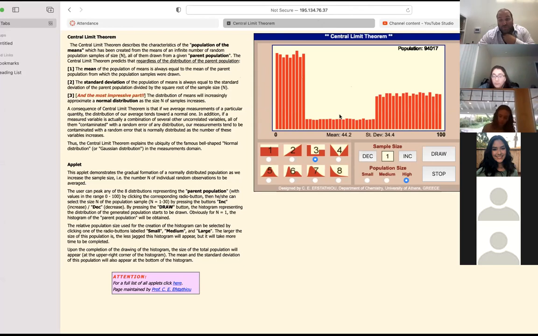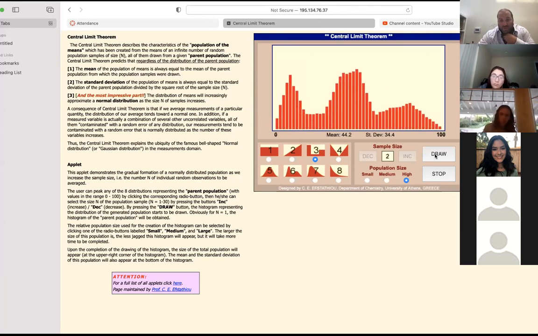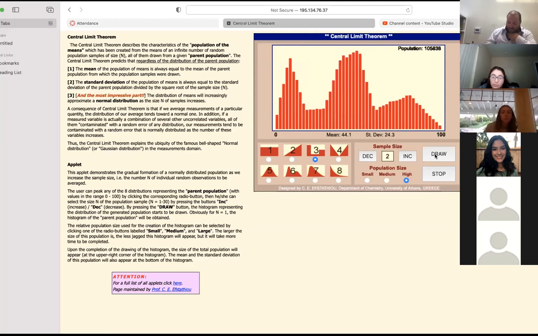Mean should be 44.2 still. Well, let's take a look. Let's go to sample size 2. Weird shape. What's the mean? 44.1. That's basically the same thing. And what's the deviation? 24.3. All right, now this is a very weird looking shape, huh?